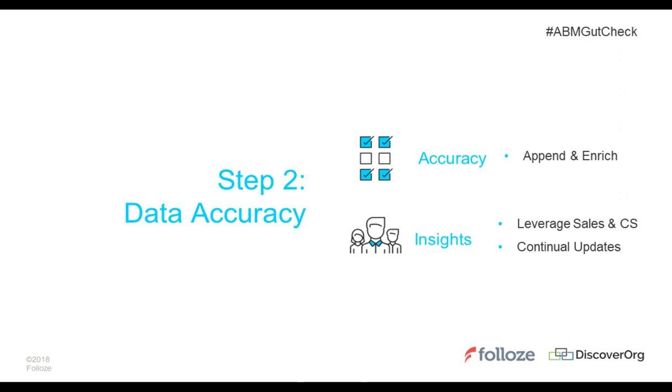Sales and marketing and CS should conduct regular check-ins like we do here in Folloze for any changes in an account, and then we update our data accordingly. This will really help the marketing team deliver highly targeted messaging in their account-specific campaigns.